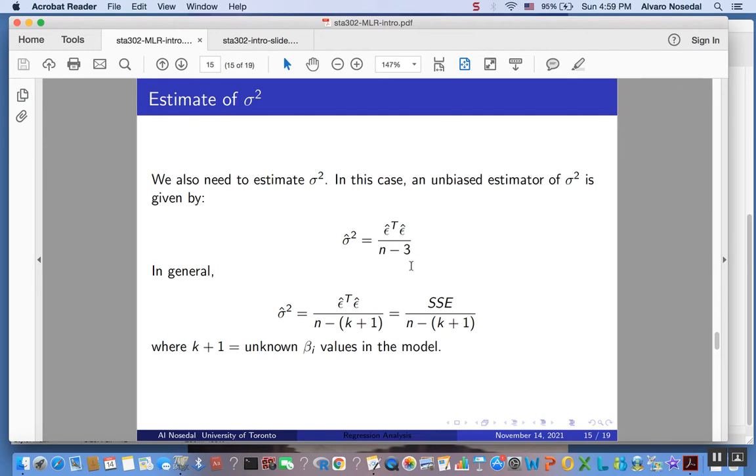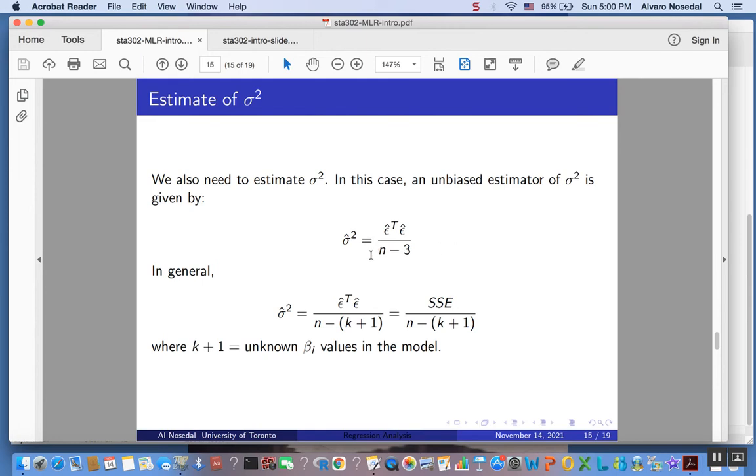Now, note that instead of dividing by n minus 2 like we did before, we are dividing by n minus 3. You also remember that in the case of simple linear regression, we divided by n minus 2 because we wanted this estimator to be unbiased, meaning that the expected value of this quantity was going to be sigma squared.